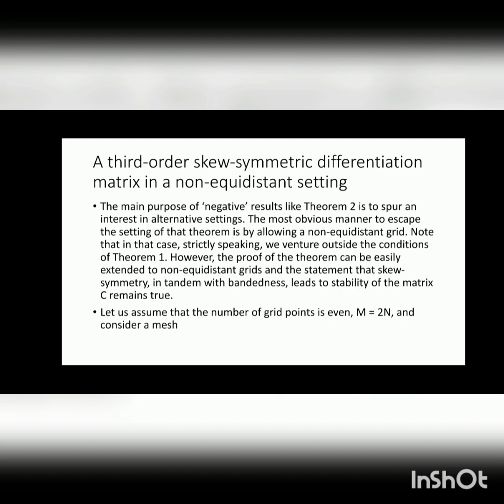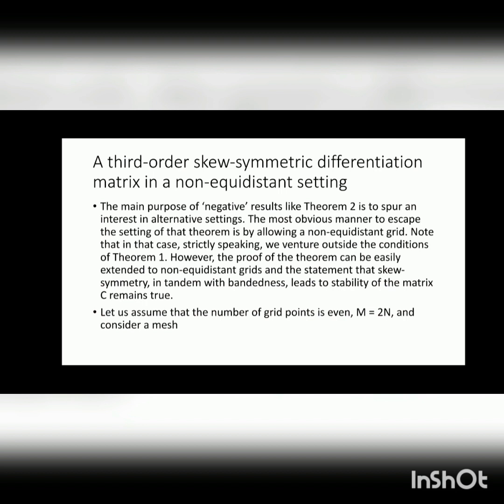Next subtopic is a third order skew symmetric differentiation matrix in a non-equidistant setting. First point, the main purpose of negative results like theorem 2 is to spur interest in alternative settings.